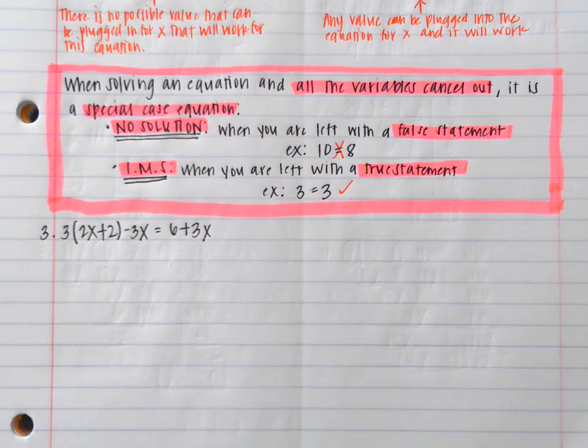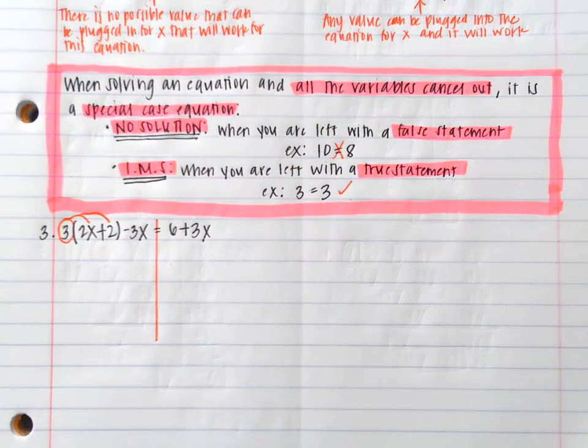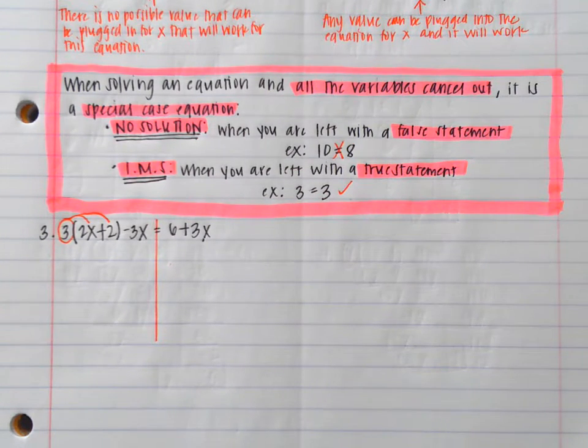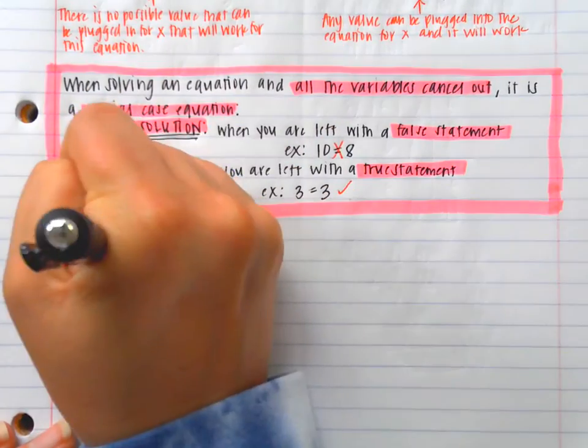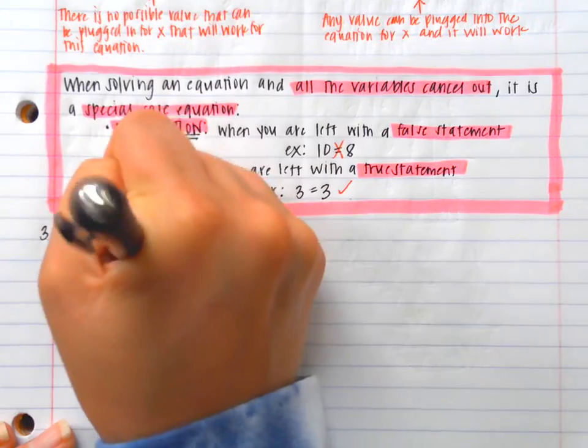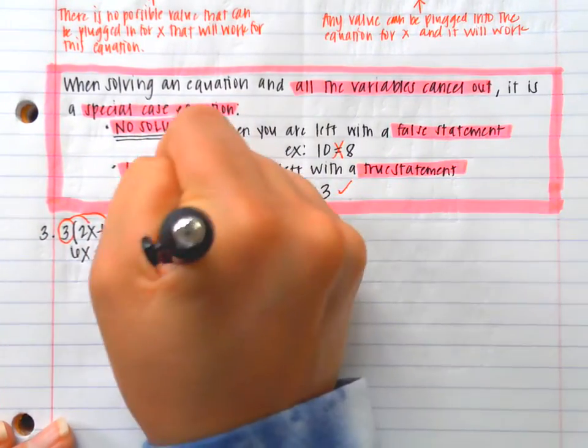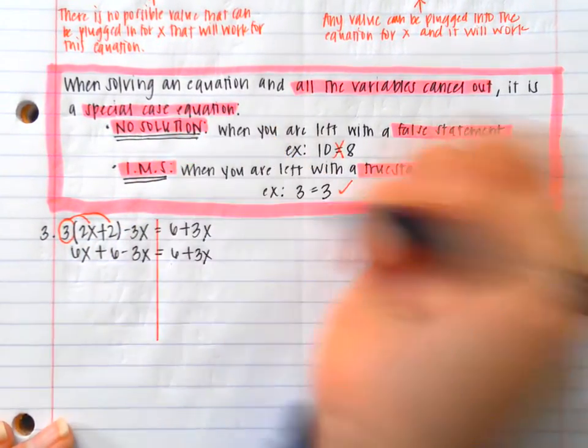Pause me, think about this on your own, and then come back and check your work. Just do the first step. So your first step would be to just distribute that 3. So 3 times 2x is 6x. 3 times 2 is 6 minus 3x equals 6 plus 3x.